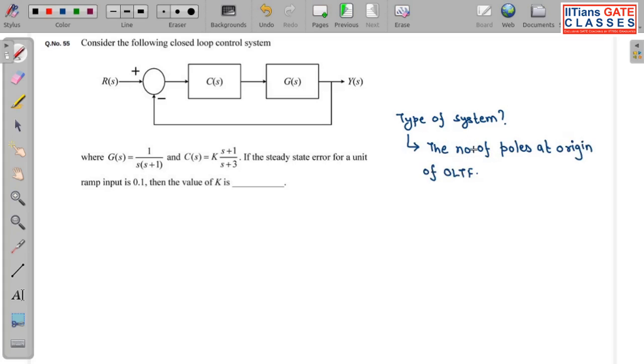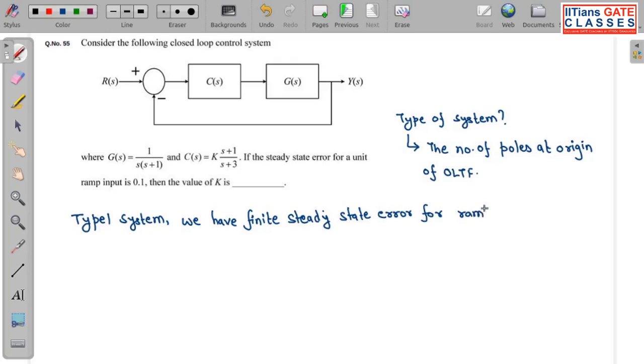Okay, so this is the type of system, and we know that for a type 1 system we have finite steady state error for ramp input. For unit step input the error will be 0 for a type 1 system, and for a parabolic input it will be infinity for a type 1 system.